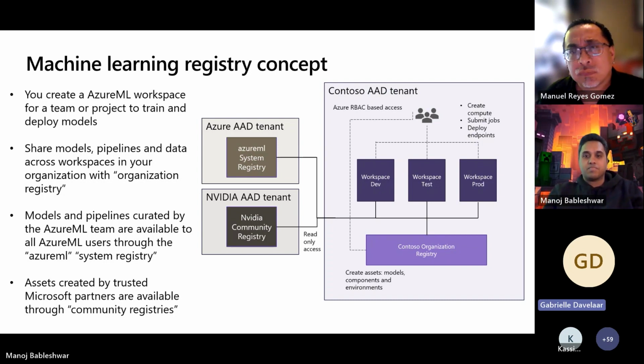And what is great about this is that I then have access to all the amazing things that are available within that specific registry. So basically the recipes, which we call components, and the pipelines that allow me to reuse a lot of these capabilities. For the registry, what we're actually using here, Manuel, we have been working closely on creating what we would call the NVIDIA Community Registry.